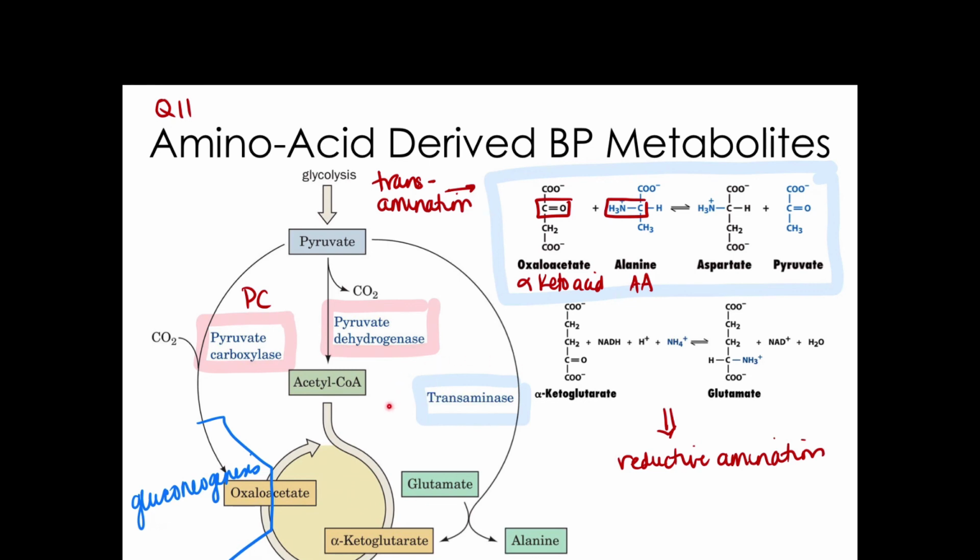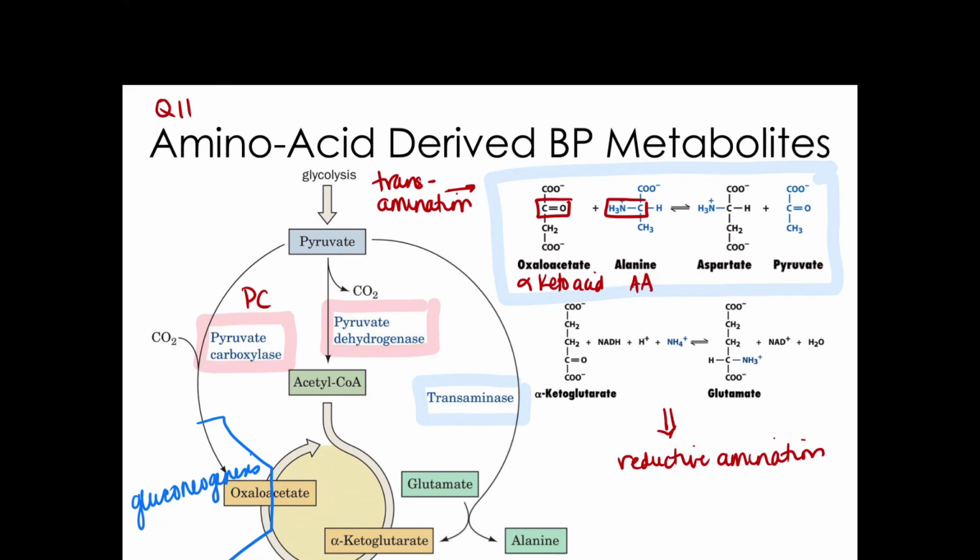Something that's new is thinking about the transaminase chemistry that we can have here. I want to highlight up in blue chemistry that happens with transaminases. Transaminases essentially swap a carbonyl group for a carbon-nitrogen bond.